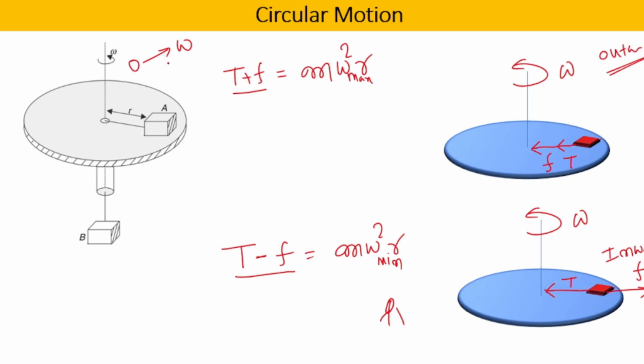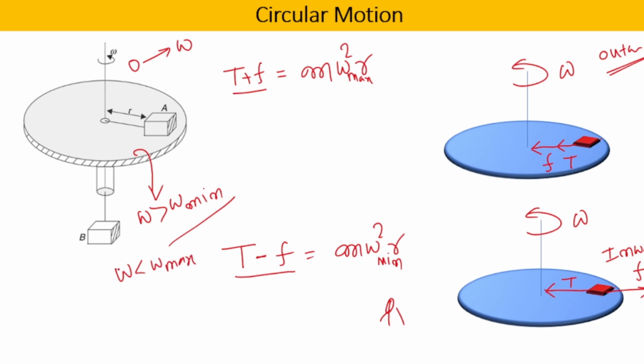When it keeps increasing and reaches some higher value, it will have a tendency to slip outward. So we always need the angular velocity of this turntable, omega, greater than omega min so that it cannot slip inward, and less than omega max so that it cannot slip outward.